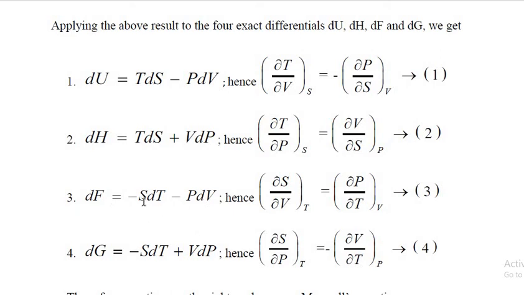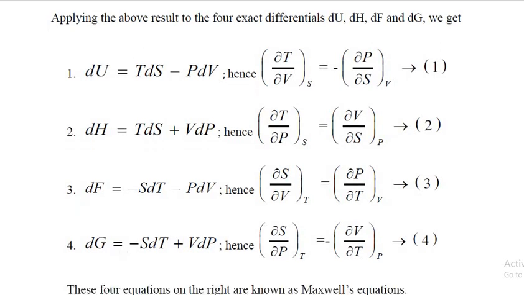Hence, you will have minus sign on both the sides, so minus minus will get cancelled. So ∂S/∂V at T is equal to ∂P/∂T at V. And the fourth equation, ∂S/∂P at T is equal to minus ∂V/∂T at P.